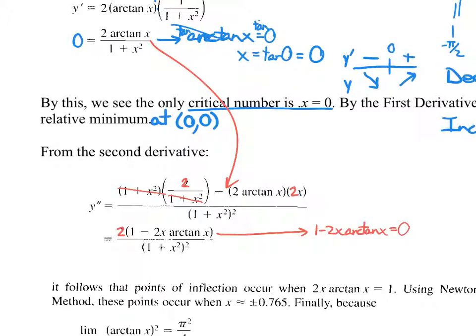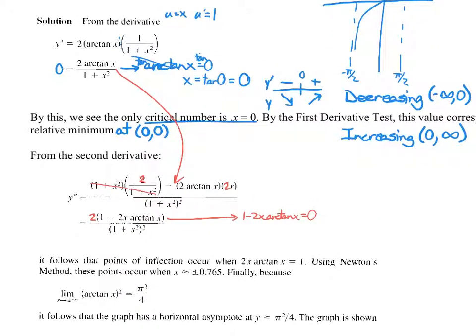We won't go through all the work for that, but we've got x is approximately plus or minus 0.765. Those are going to give us our points of inflection.